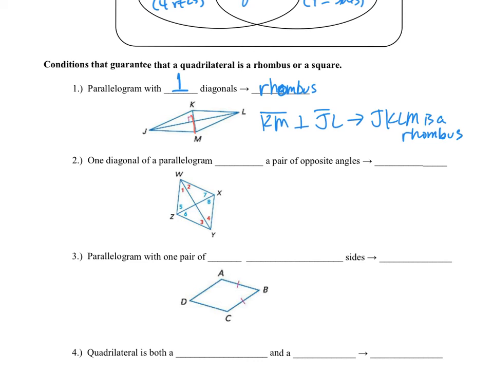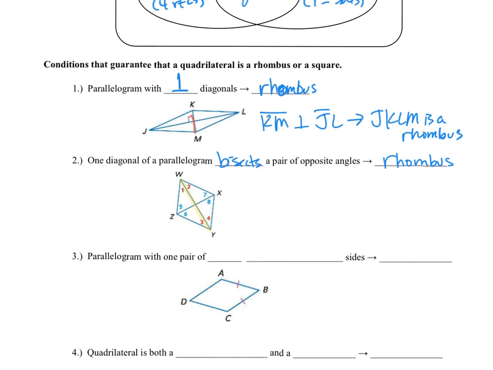Okay? And then number 2 says the following. If one diagonal of a parallelogram bisects a pair of opposite angles, then we can conclude that that parallelogram is a rhombus. Now, it doesn't have to be true of both diagonals, so let's just pick one diagonal. Let's pick diagonal WY.